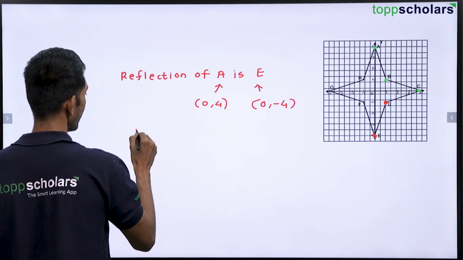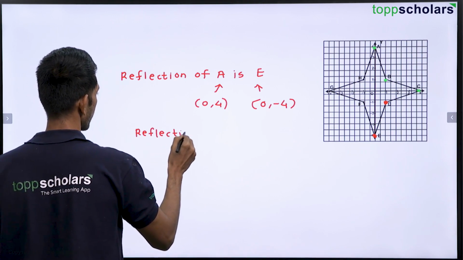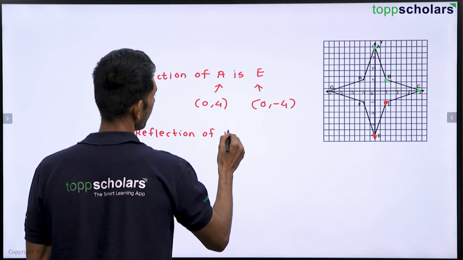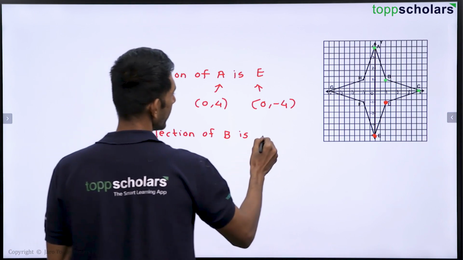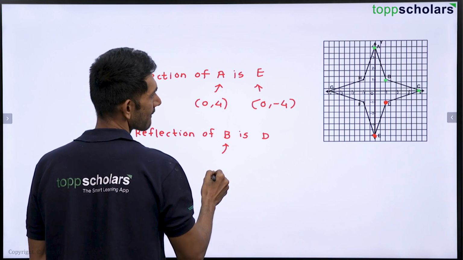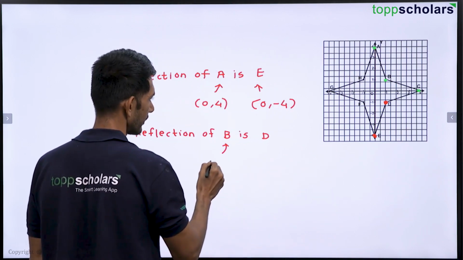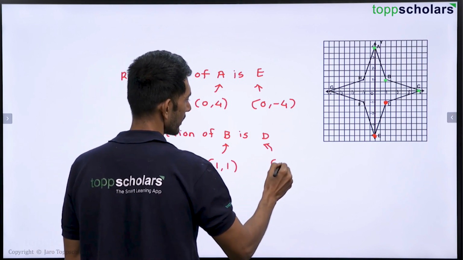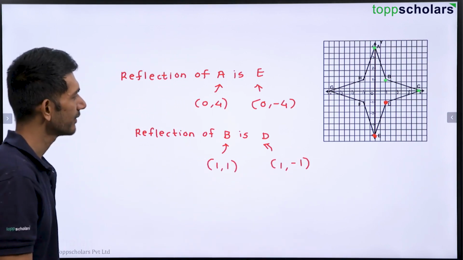And similarly, reflection of B is D, right? So what is B? B is 1, 1, isn't it? So D will be 1, -1. X remains same, y changes the sign, correct?